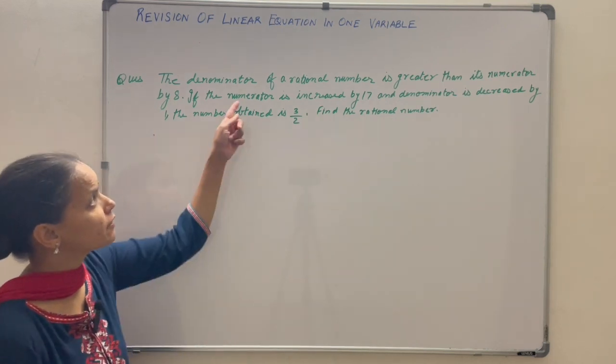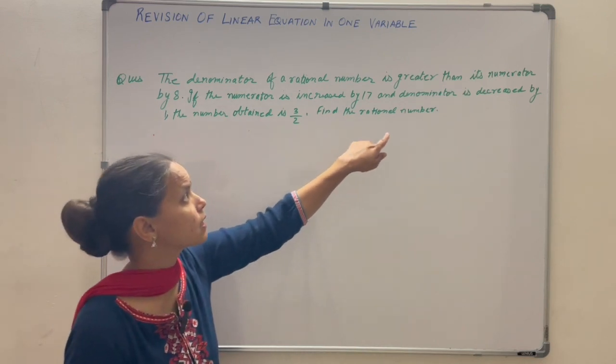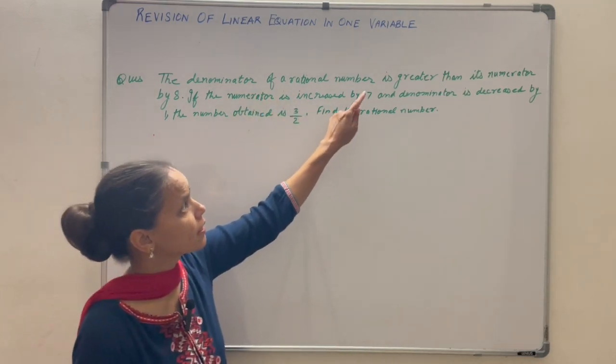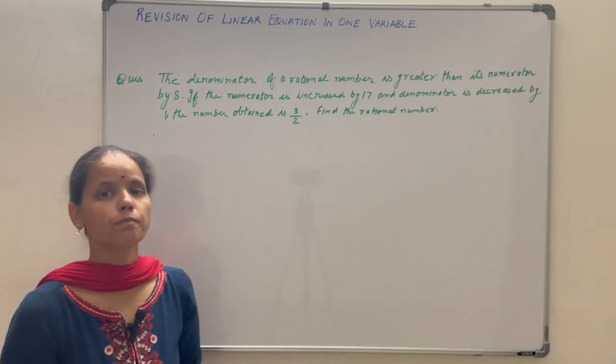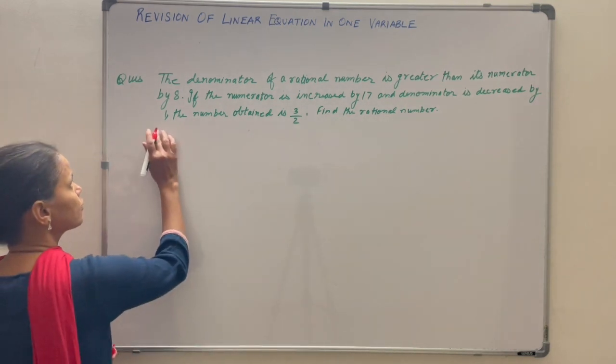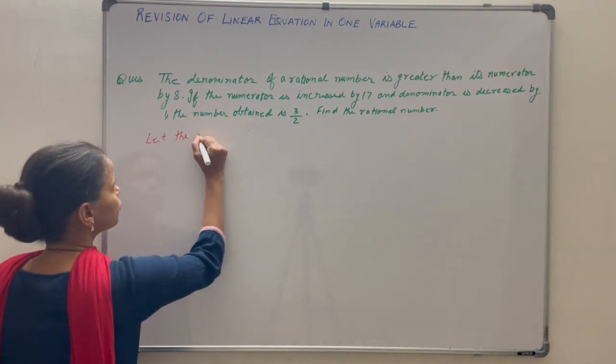So here they have given the relationship between denominator and numerator. It says the denominator is greater than the numerator by 8. So let us assume the numerator to be x.